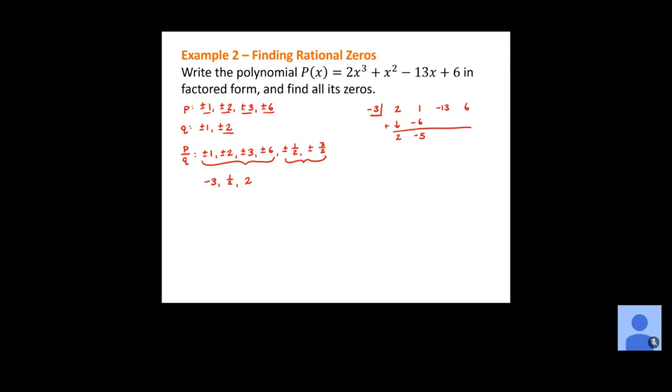Good. -5 times -3 is 15. -13 plus 15 is 2. 2 times negative 3, negative 6. Good. Now, that means our remainder is going to be what? Good. So we get a remainder of 0. That tells us negative 3 is a 0. So in terms of my list of actual zeros now, I know that negative 3 is one of them.